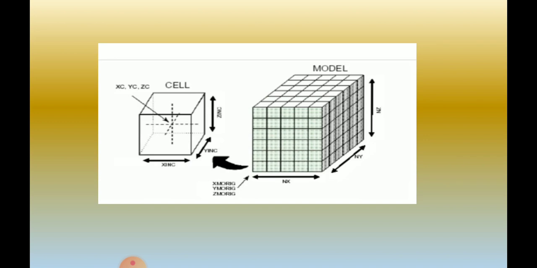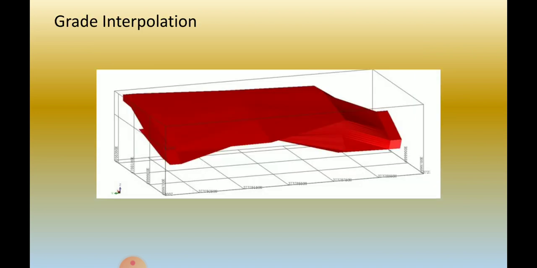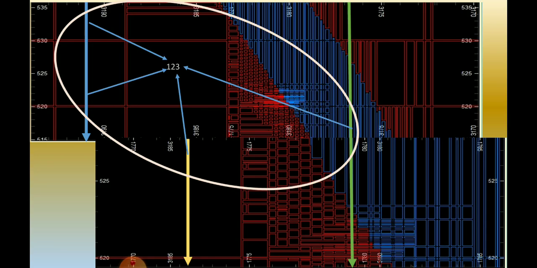Like that, this is the block, and this is the part of the cell. The size of the dimension of the cell we can decide as 100 by 100 by 10 or 20. So the total hollow part of the ore body will be filled with these cells or subcells like this.